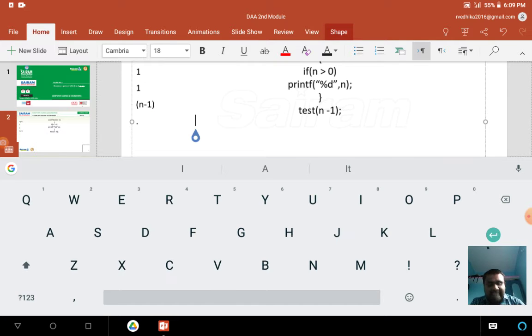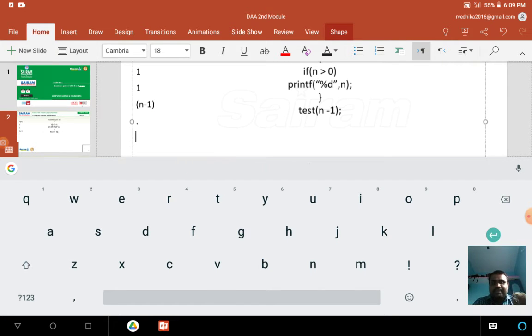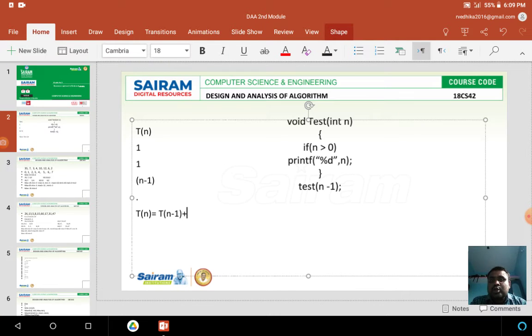Now for this case I am writing the recurrence equation. T of n is equal to T of n minus 1 plus, how many ones are there? 2 ones are there, so plus 2.